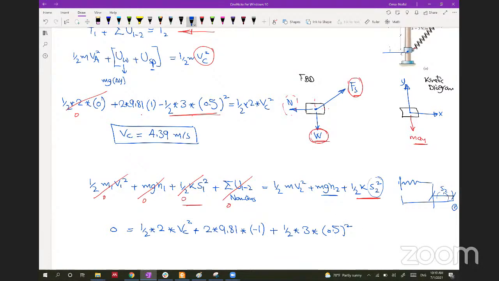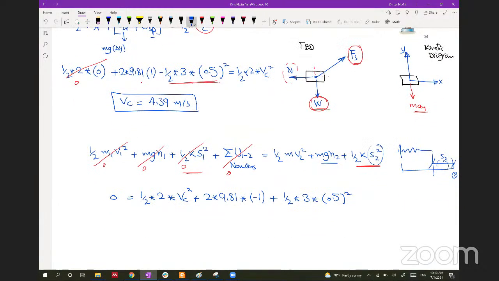And if you want to get the VC, you can send this term here and this term on the other side. This is a negative term. When it comes to the other side, it will be positive. So it will be 2 multiplied by 9.81, and the negative one will be positive 1 because we sent it to the left-hand side.